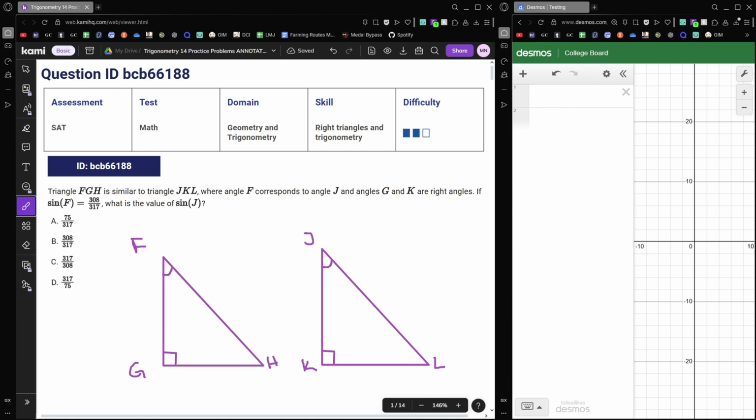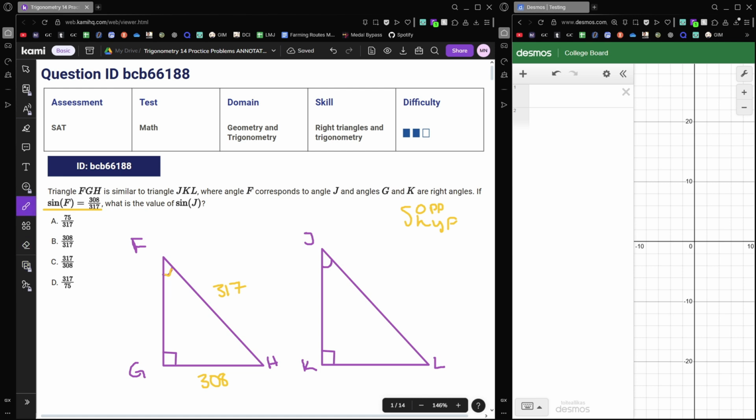If sine of F is equal to 308 over 317, remember in SOHCAHTOA, sine is going to be SOH, which is opposite over hypotenuse. So let's look at angle F. The opposite is going to be this side right here, and that's 308. And then the hypotenuse is this side right here, across from the 90-degree angle, and that's going to be 317.